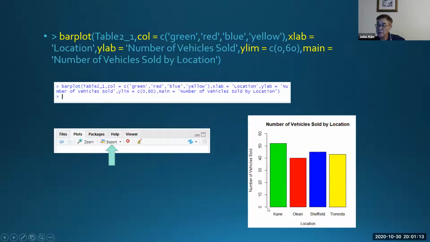So the y-axis scale is from 0 to 60. And the main title, number of vehicles sold by location.